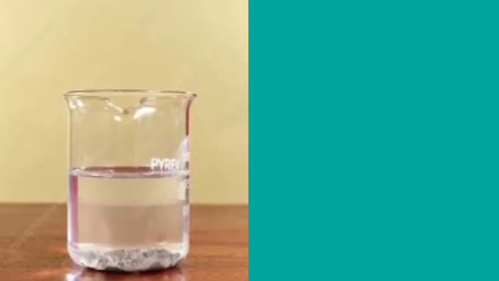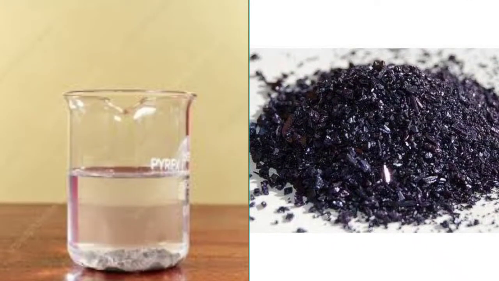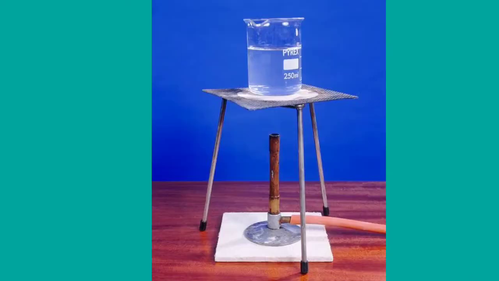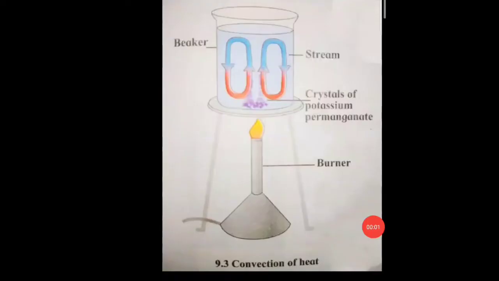For this experiment, we need a beaker filled with water, potassium permanganate, a tripod, and a burner, and arrange this apparatus as shown in this figure. Add potassium permanganate in the beaker, light the burner, and observe. When heating begins, the water near the bottom becomes warm and its density decreases.